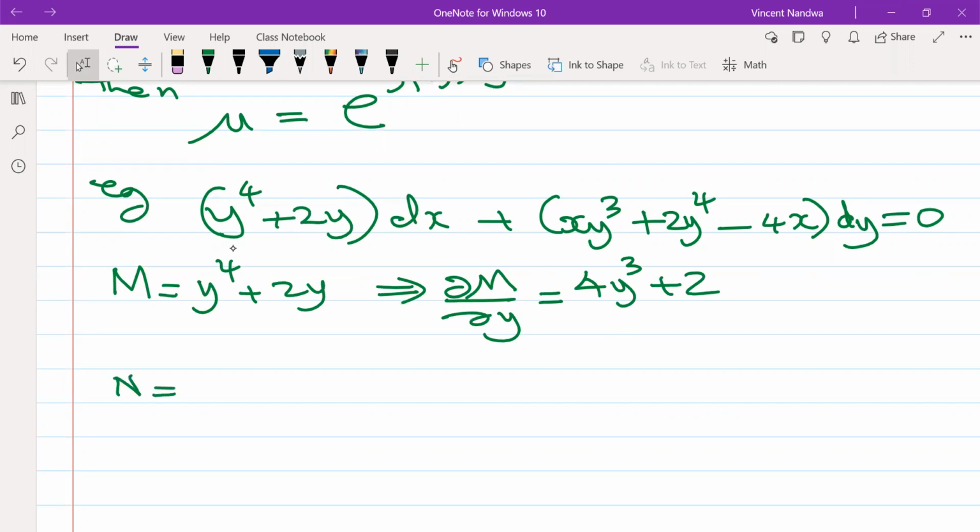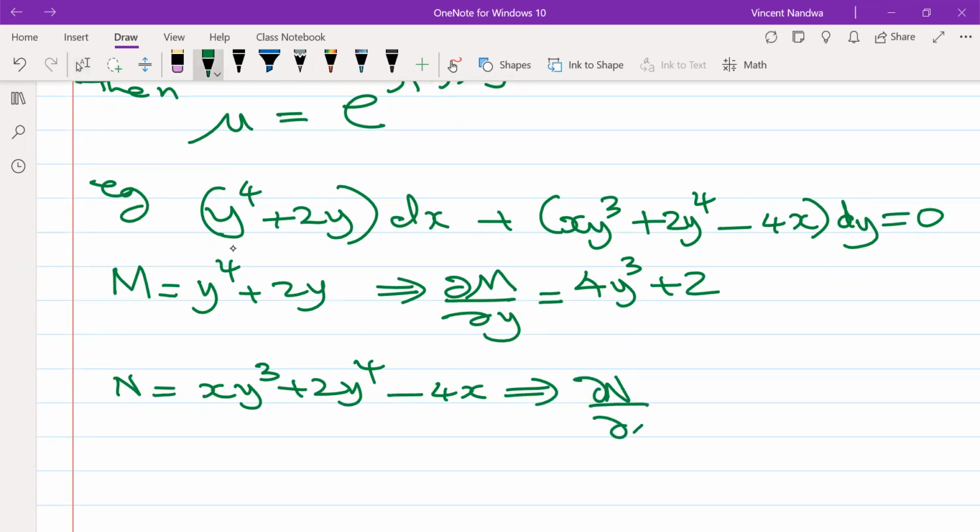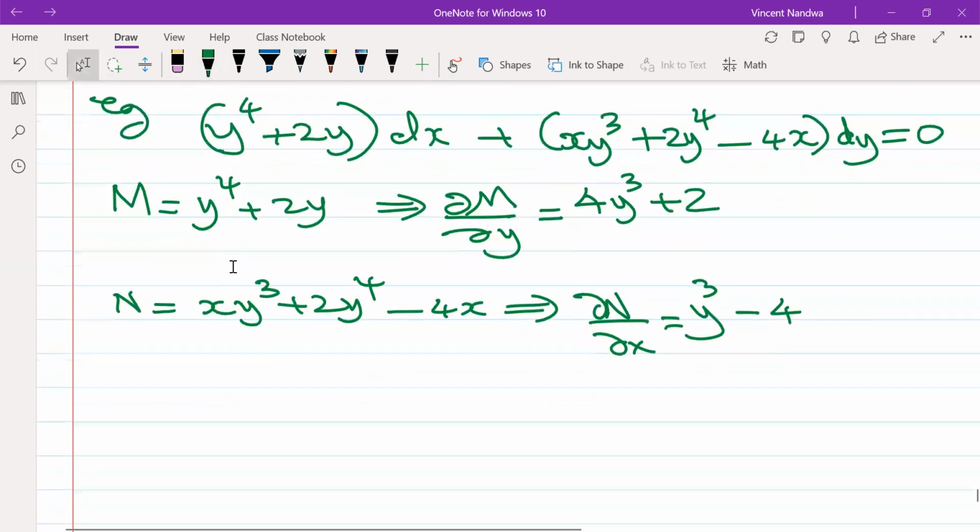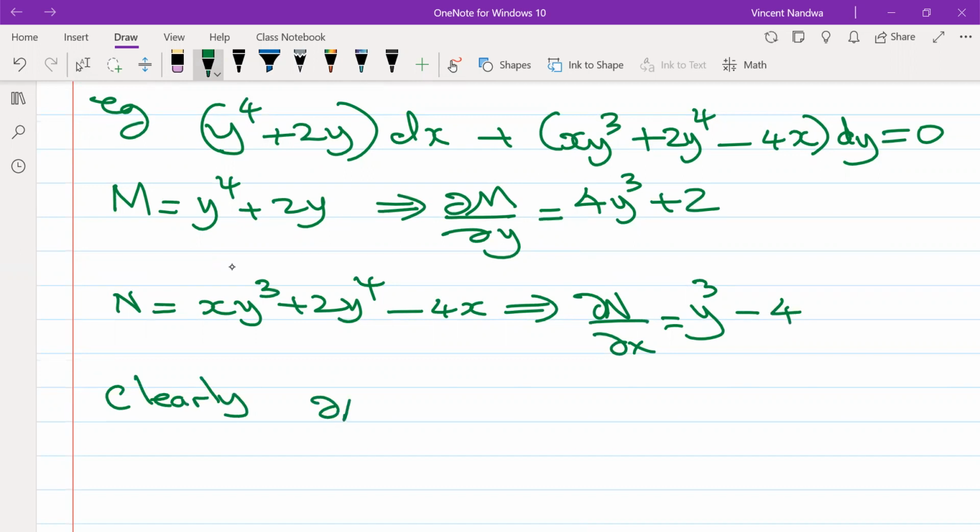N is given by xy cubed plus 2y power 4 minus 4x, which means partial n partial x will be y power 3 minus 4. And it's very clear that partial m partial y is not the same as partial n partial x. So our equation is not exact.